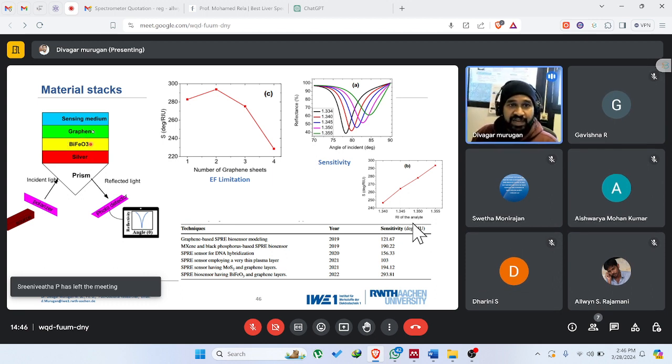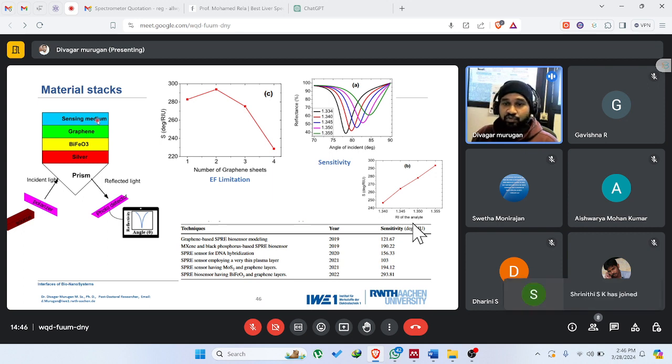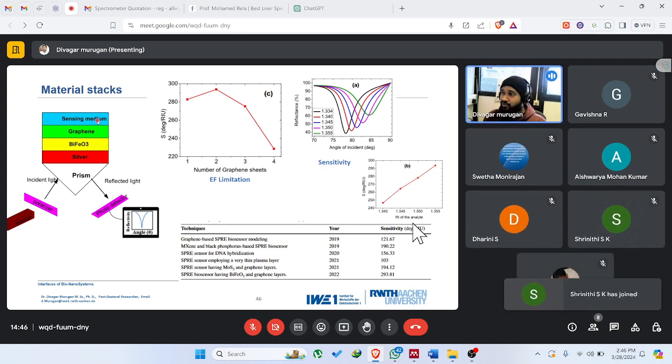All these material stacks are going to improve your effective refractive index on the silver surface. Further, when you modify this refractive index by introducing a biological molecule, it will enhance the sensitivity of the SPR system. So there are two methods of enhancement: one is using a label and the other is using a material stack.